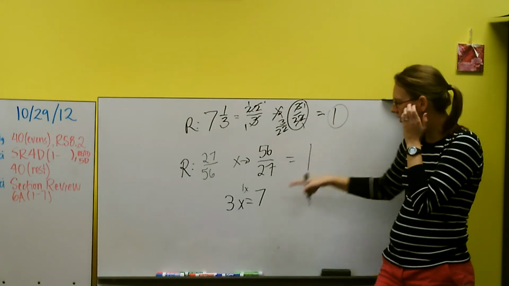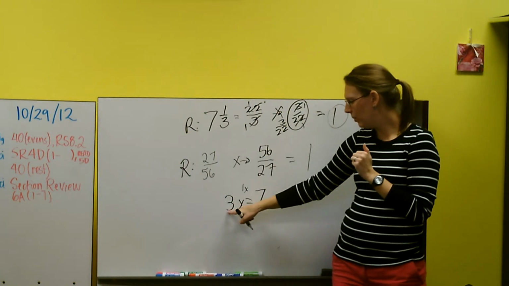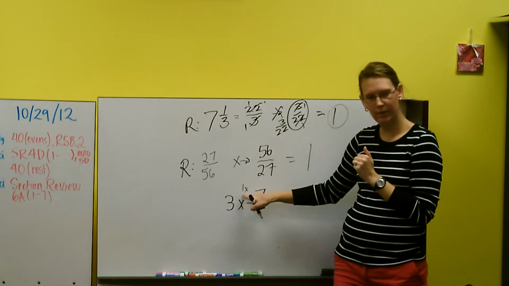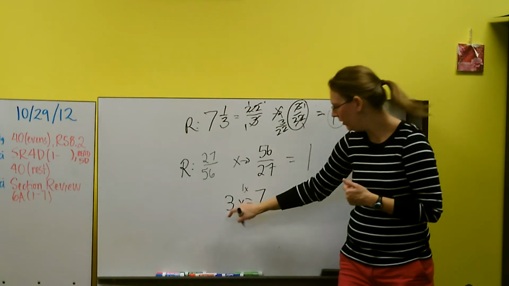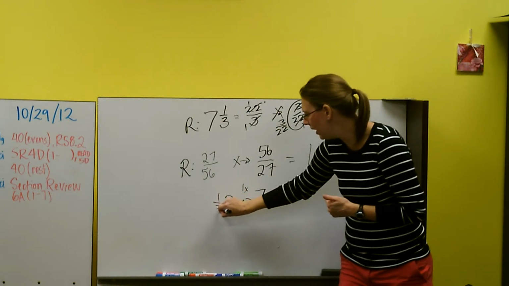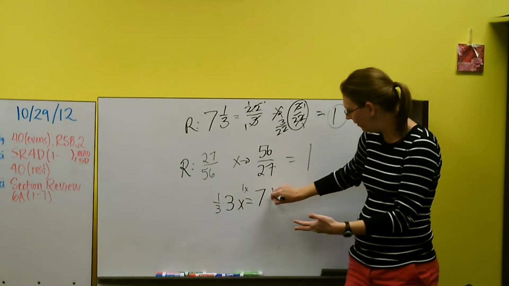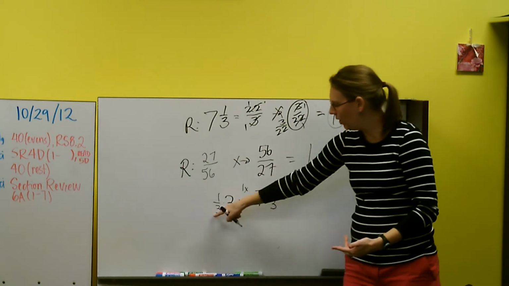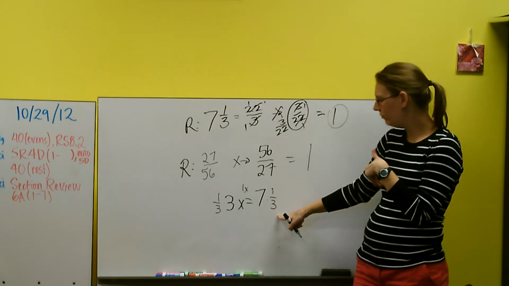Okay, so let's do an example here. What would we multiply here to get 1x? We said the reciprocal, right? So what's the reciprocal of 3? 1 over 3. So if we take this and multiply it by 1 over 3, whatever we do to one side, we have to do to the other, right? So I'll automatically write it in. Whatever you write on one side, write on the other. Okay?